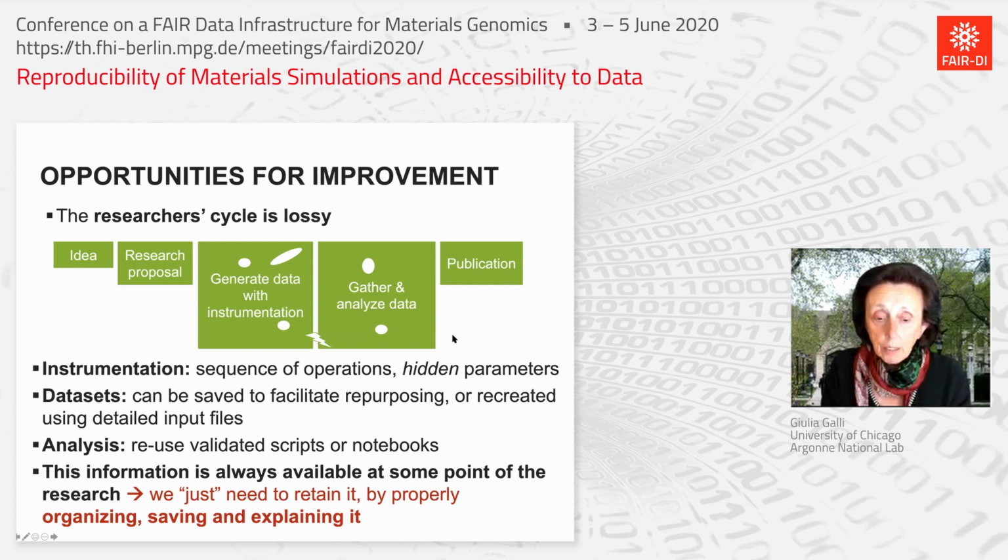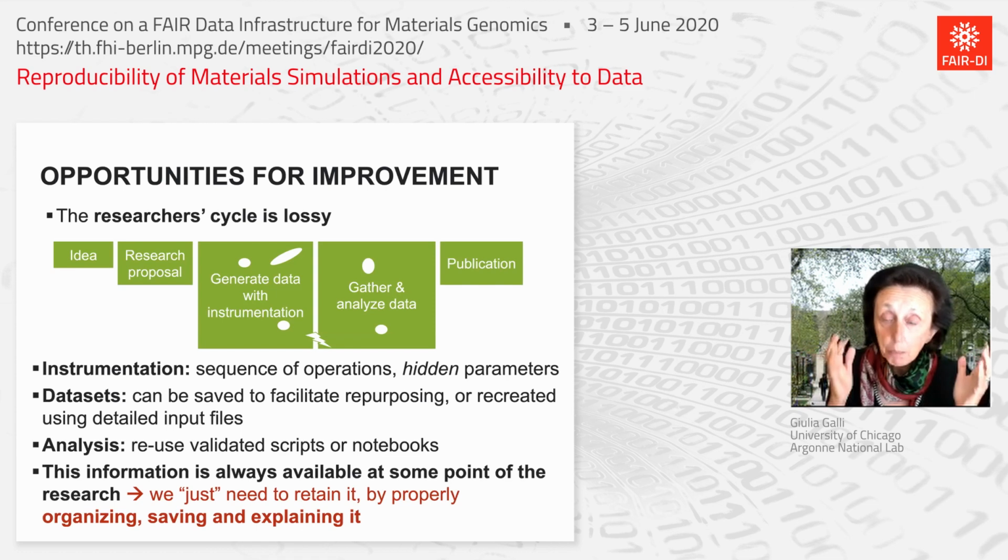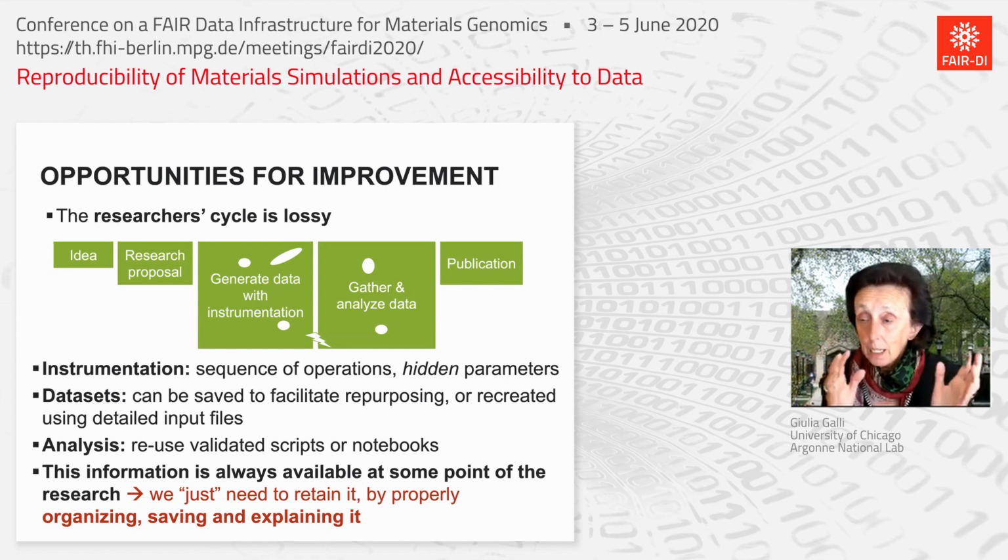So the information is always available at some point of the research, at least most of the information that we would find useful. We just, quote unquote, need to retain it by properly organizing, saving, and explaining it.